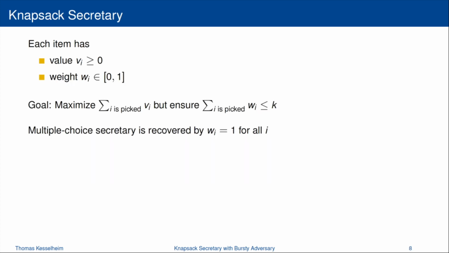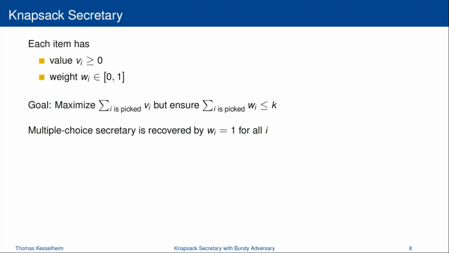As you may have guessed from the title, our paper is not just about this multiple choice secretary problem, but it's about the knapsack secretary problem. In this problem, each item does not only have a value, but it also has a weight, which is some real number between 0 and 1.